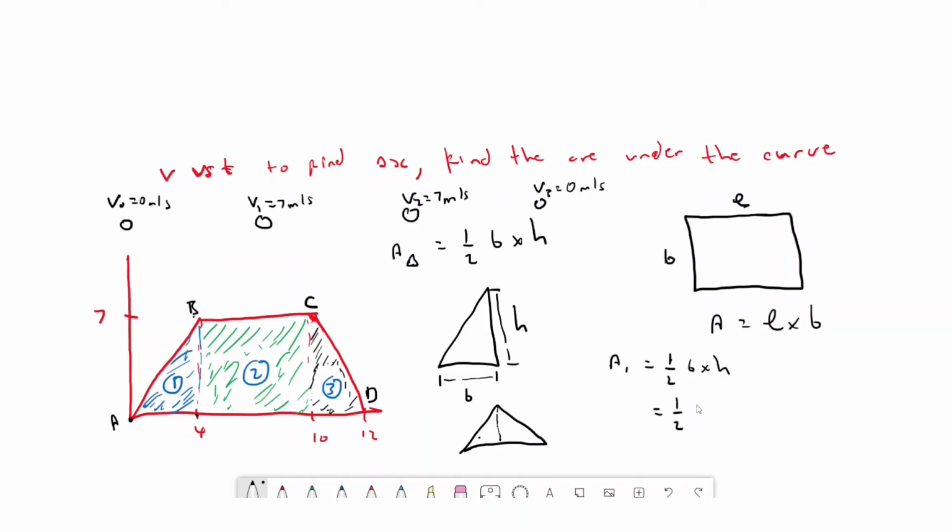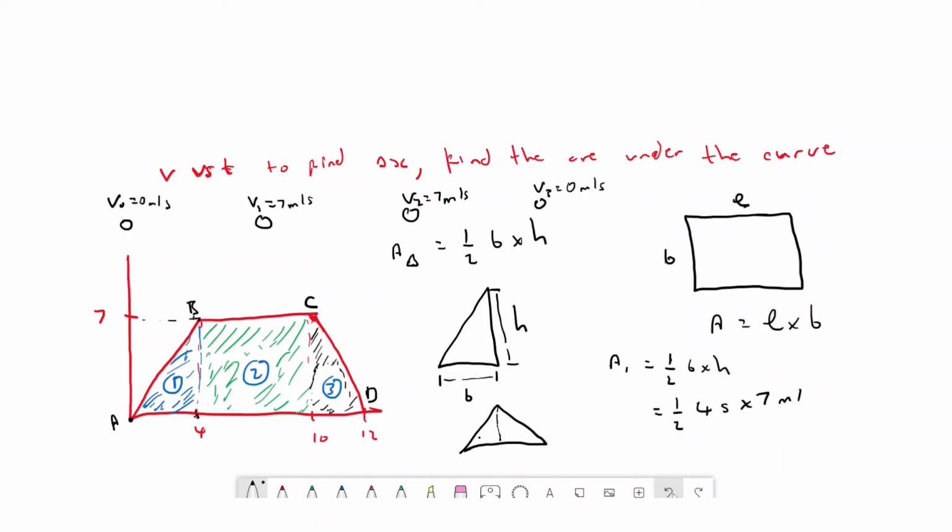So this is going to be 4 seconds multiplied by the height. What is the height? The height is from here to here, and that position is 7. So this is 7 minus 0, so this is 7 meters per second.